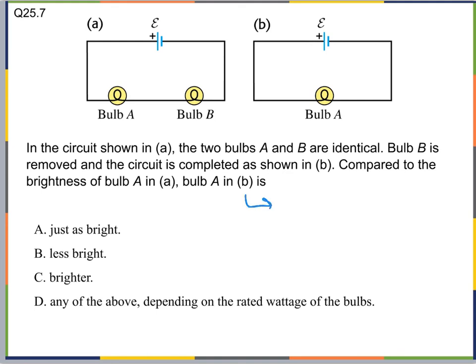A hint is that the brightness is going to be reflected by the power that's dissipated in the bulb. So what you want to be trying to think about is how will the power delivered by the battery and dissipated by the bulbs compare in these two different circuits to figure out which one is brighter.